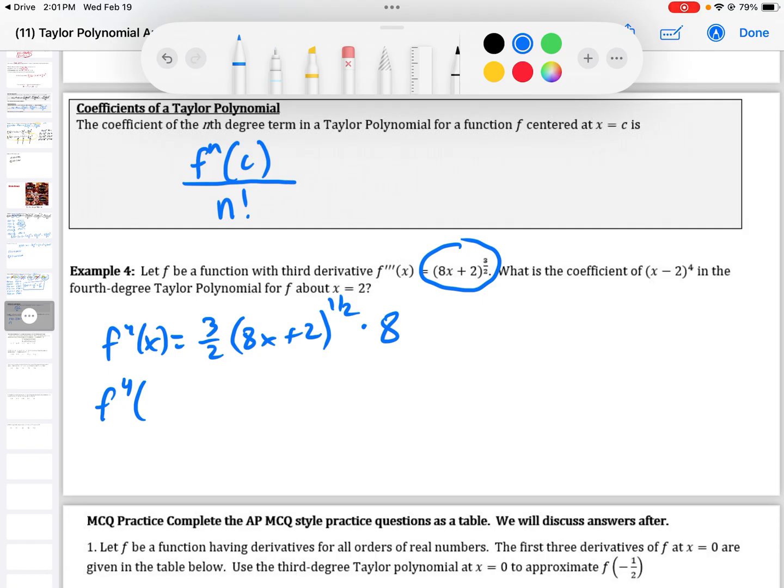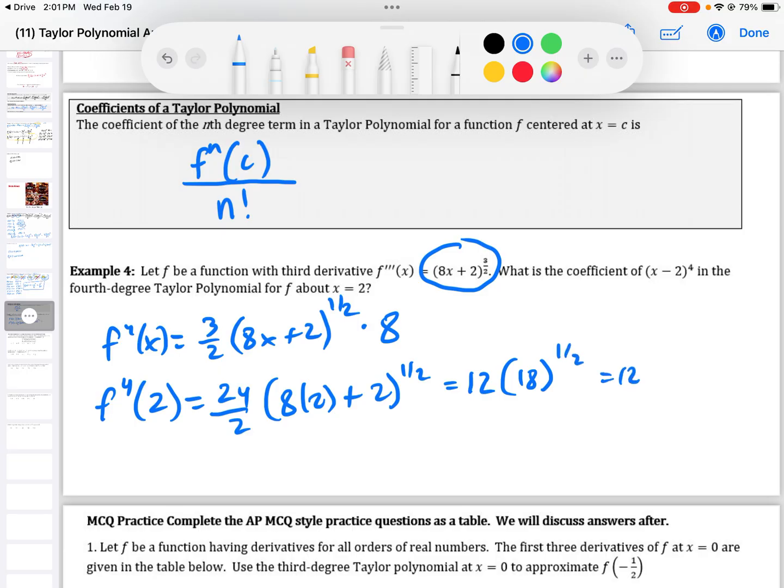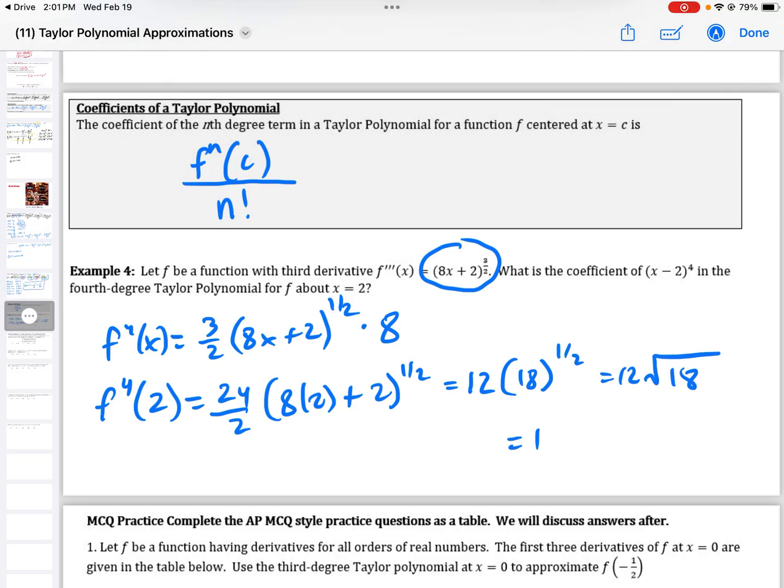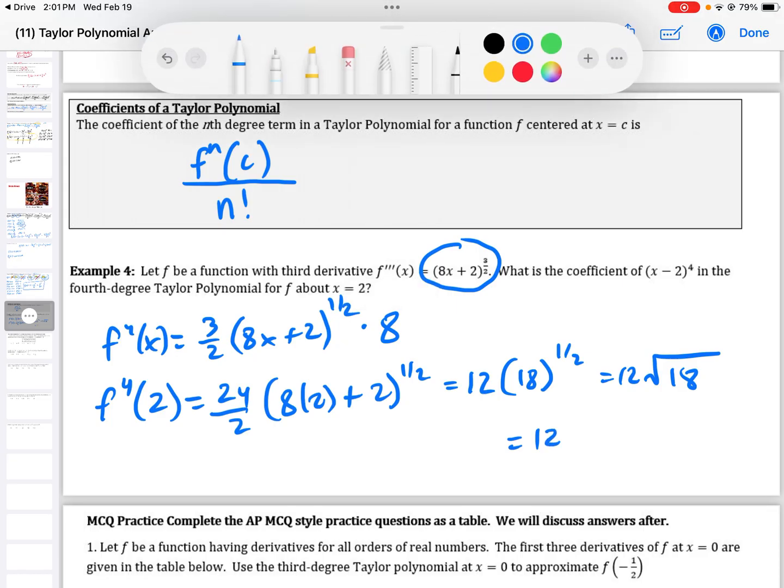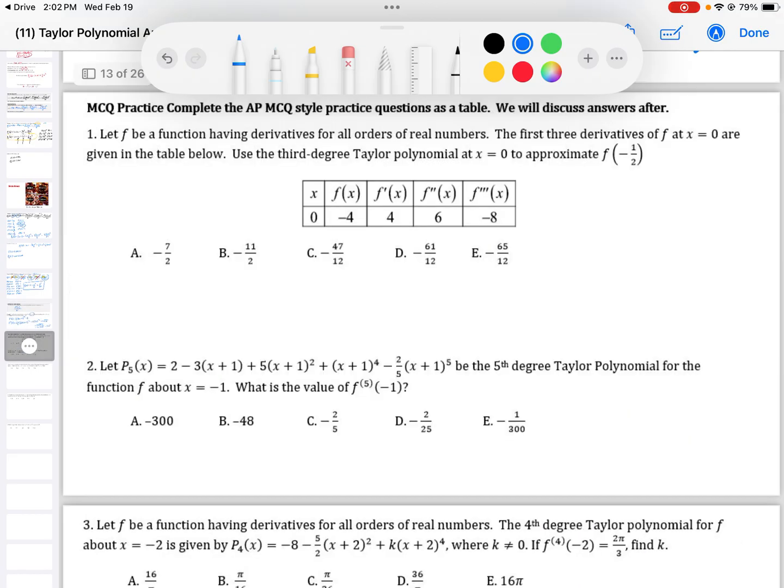So the fourth derivative evaluated at, what's the c number? 2, would be equal to 24 over 2 times the square root of 8 times 2 plus 2, which is 18. Equal to 12 square root of 18, which is 12 square root of 9 times 2, 12 times 3 times square root of 2, which is 36 square root of 2. And that would be the coefficient of the fourth degree term.